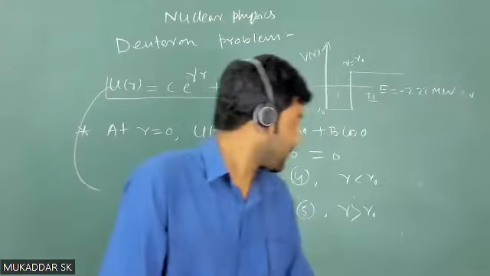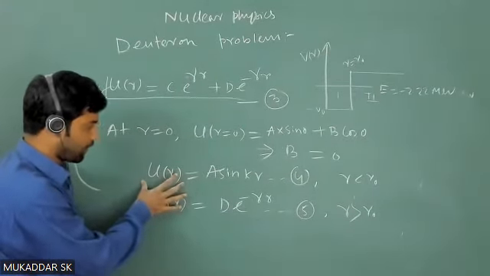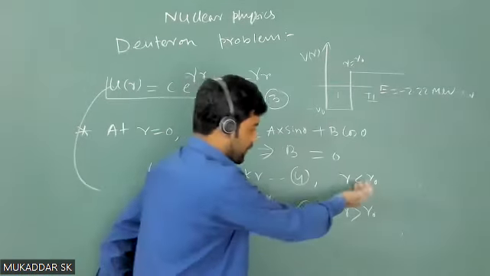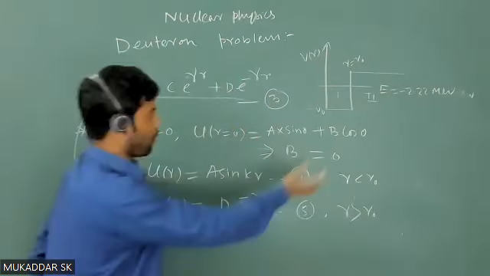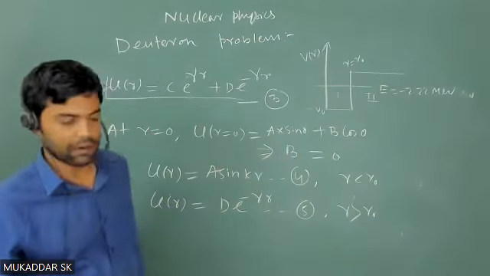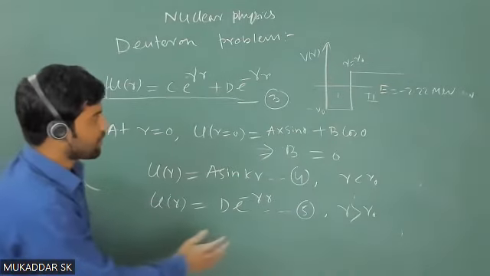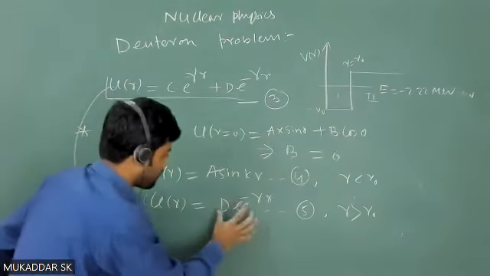So you got the expression for the radial part u of r in two different regions: a sin kr, obtained from the boundary condition, and d exponential minus gamma r in region 2.